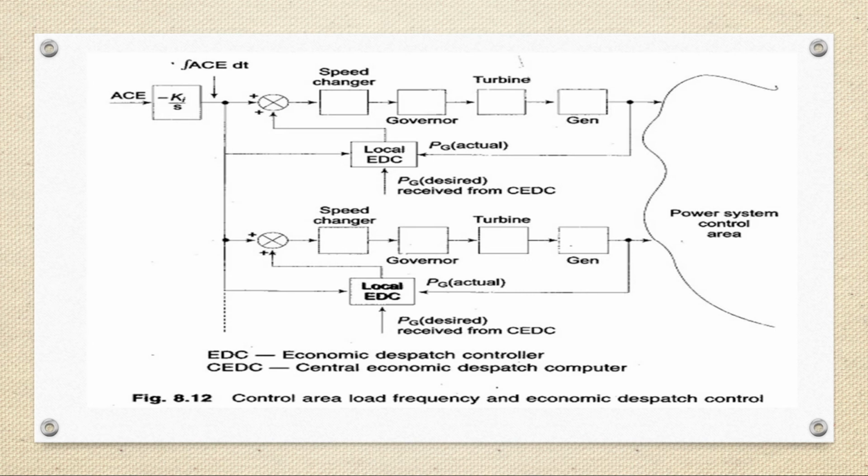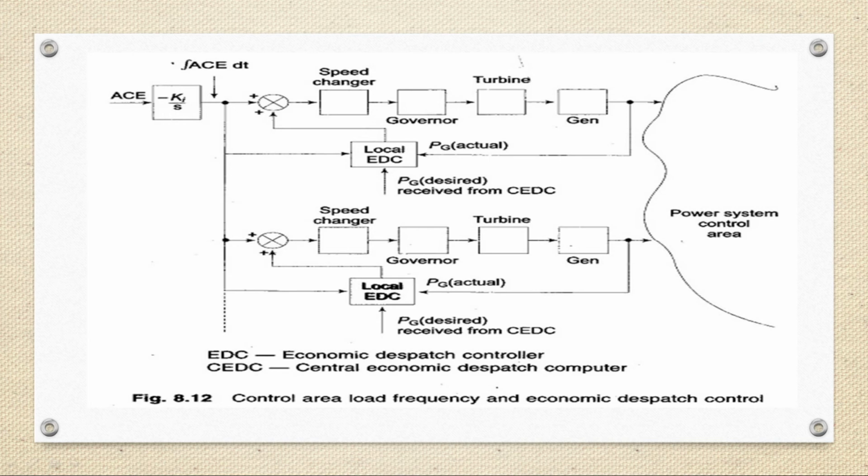This is the control area, load frequency and economic dispatch control, where we can see a power system control area, and these two diagrams are the same. Like this we can have many systems connected to a power system control area. This entire thing is one system and this entire thing is one area. This is the speed changer, governor, turbine and generator set connected to a local EDC.